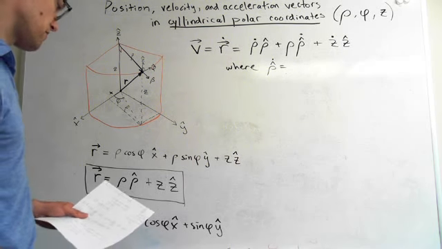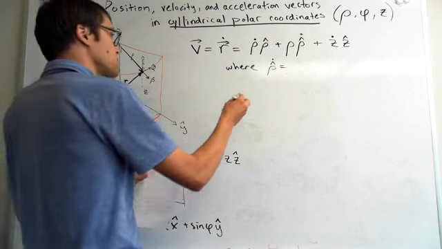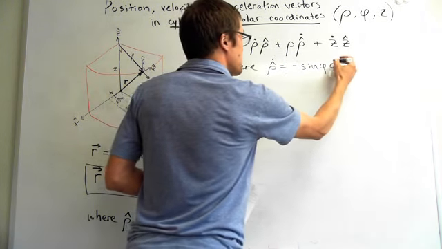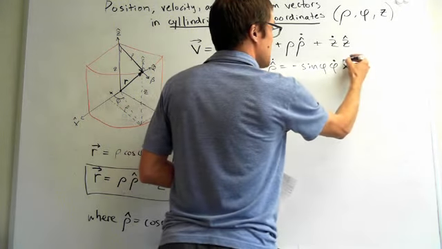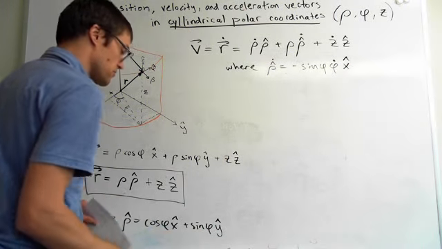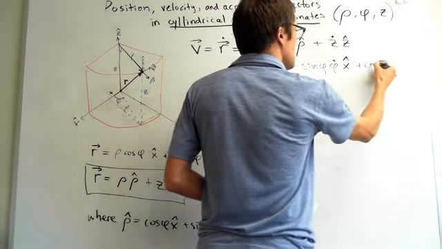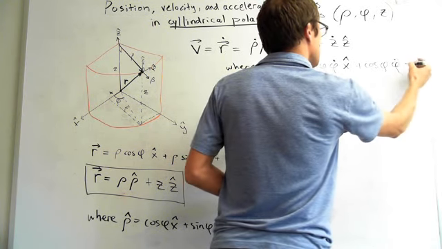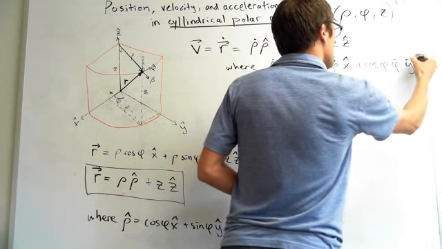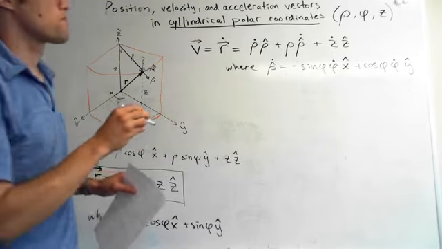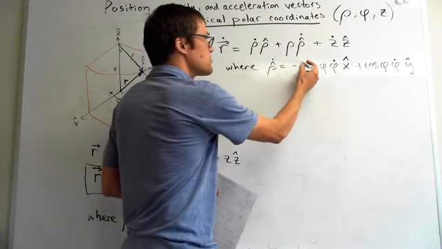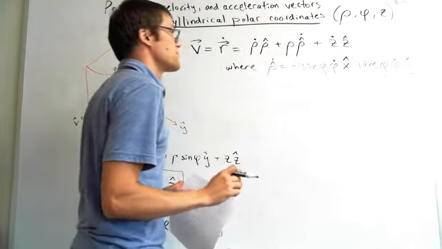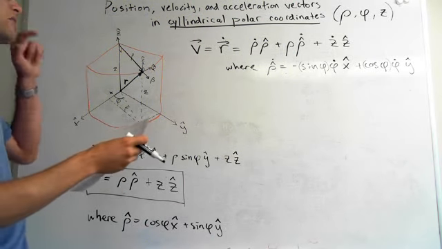So one time derivative of that thing is minus sine phi dot x hat, and there's no time derivative of x hat, plus cosine phi phi dot times y hat. Okay. And just to be clear, these are multiplied. So cosine phi times phi dot, sine phi times phi dot. Okay.